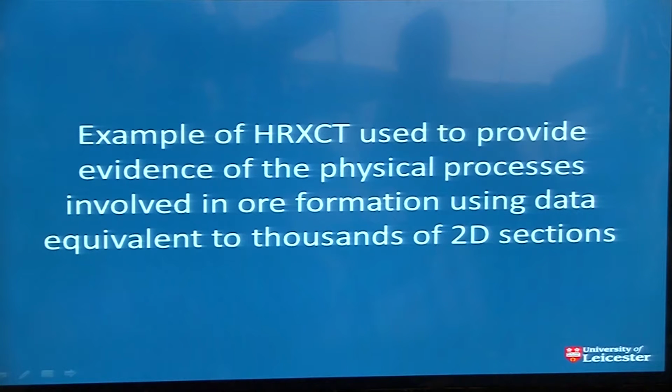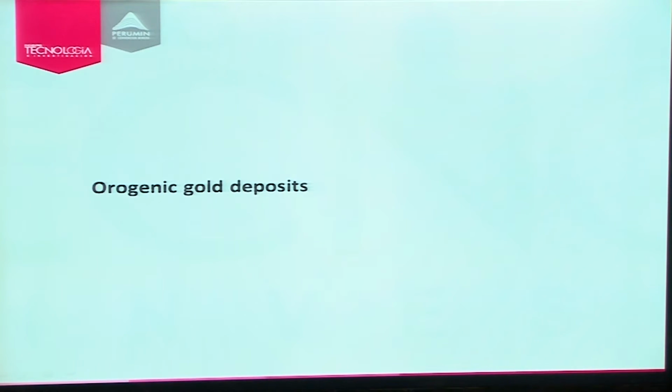So we're using this technique in concert with other techniques to provide us evidence for physical processes involved in ore formation. And it's giving us data for tiny little nuggety ores, which is equivalent to thousands of those 2D sections.